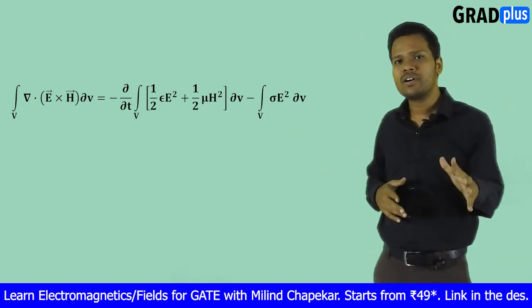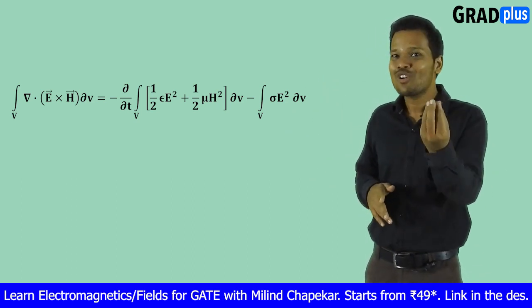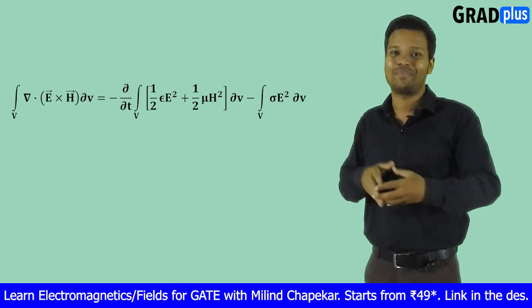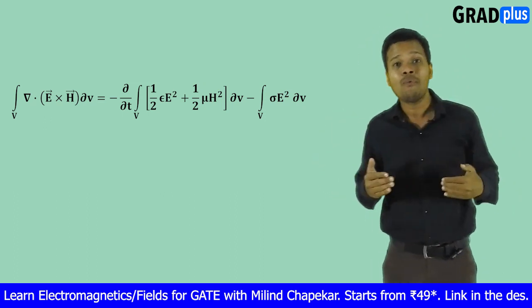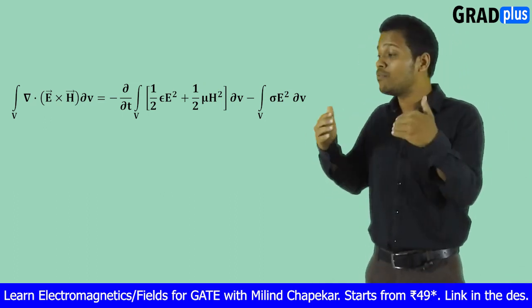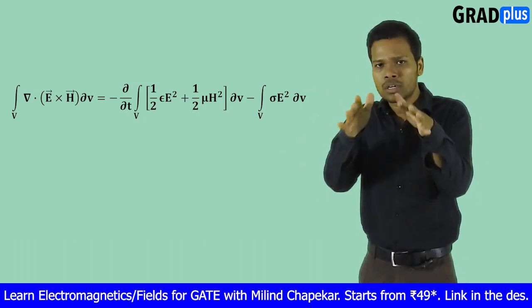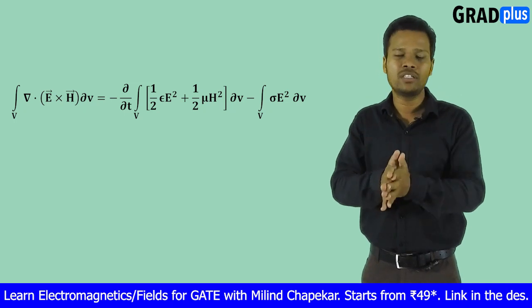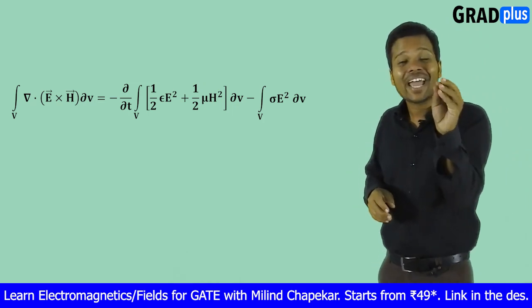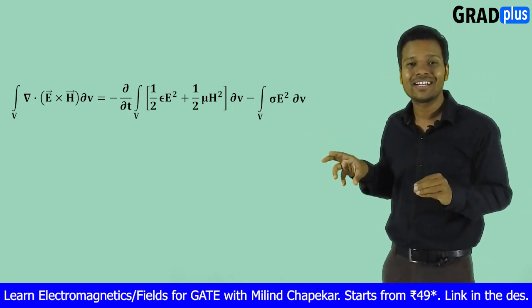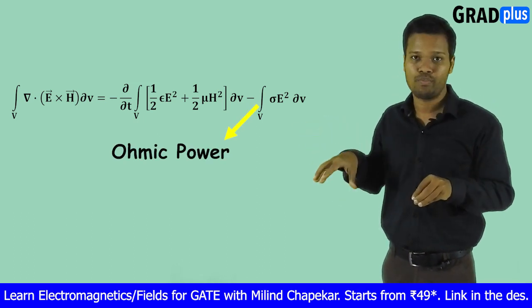From this Poynting theorem we conclude that the EM wave power is given by the surface integration of E cross H. But what our topic of discussion in this video is this second term, which we call the Ohmic power dissipated in the volume.